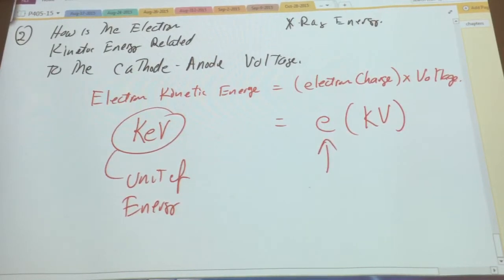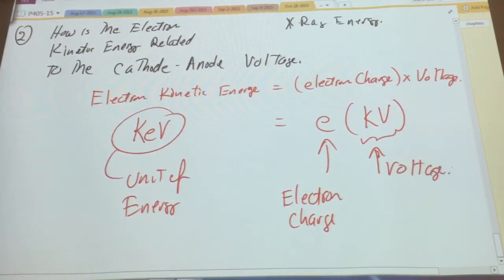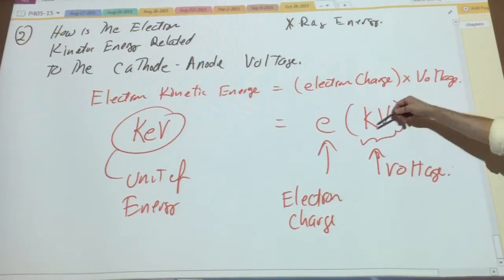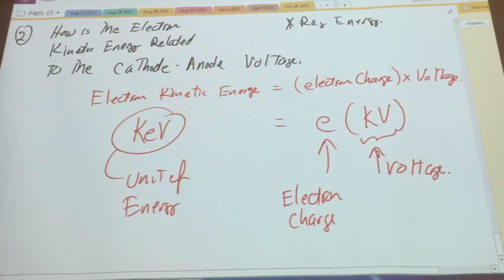That's our electron charge, and this is our voltage. It's kind of a simple idea. Our voltage times the charge gives us our energy.